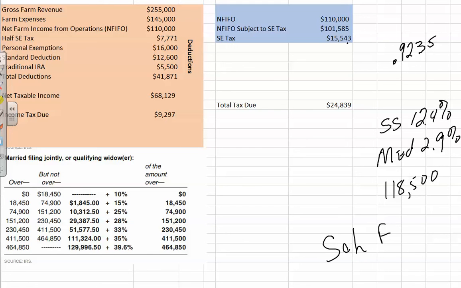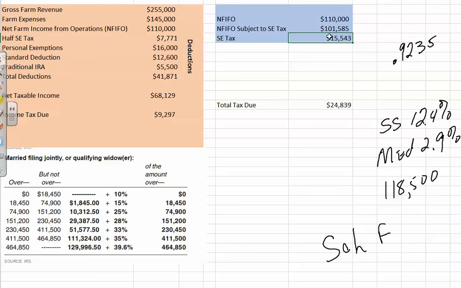If you look at the formula that I've put here, it shows you that if F4, which is this net farm income from operations subject to SE tax, is less than 118.5, you'd multiply it by 0.153.